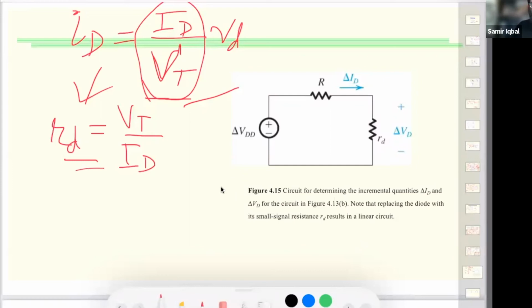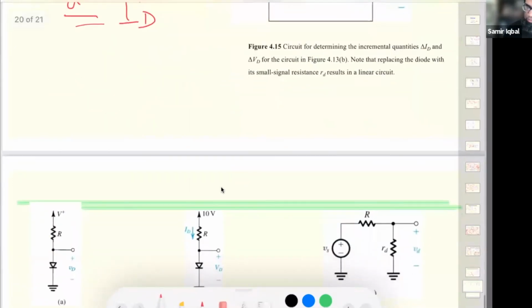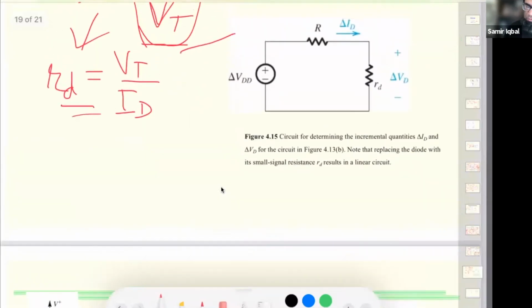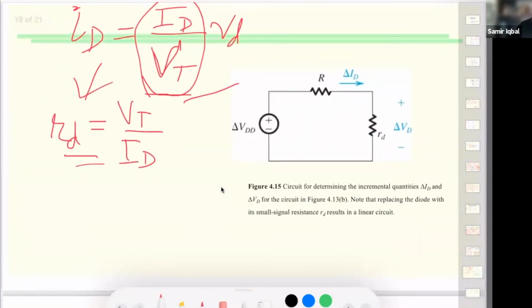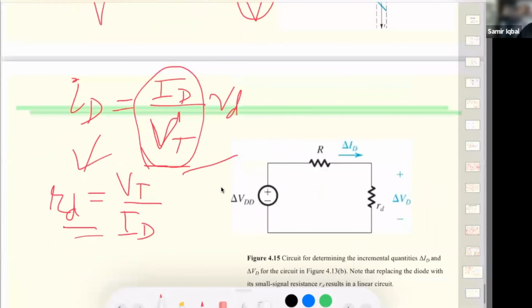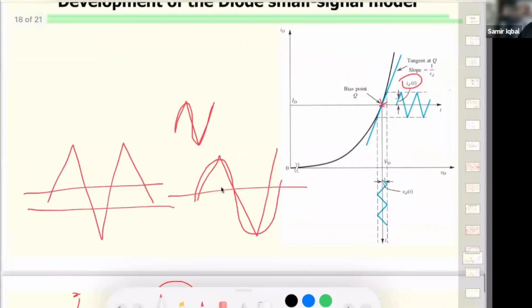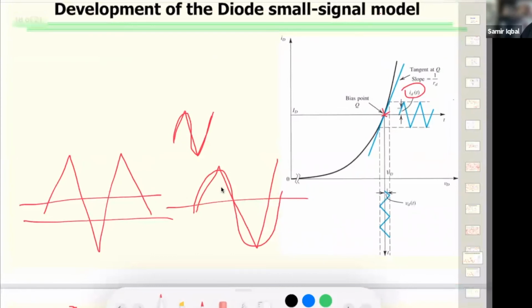Now, when we have a system where we have a small signal variation, there are a couple of steps we take to simplify our analysis. We just eliminate DC signal or DC sources.